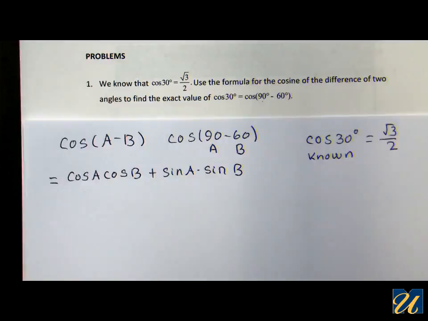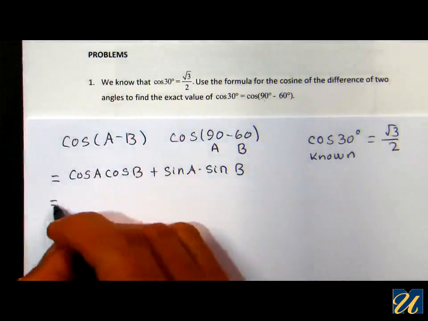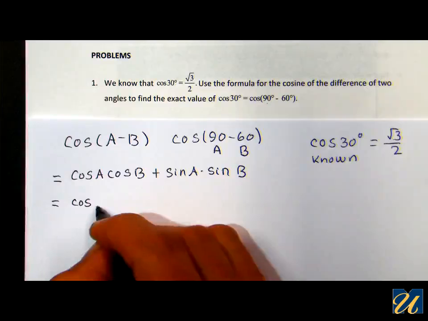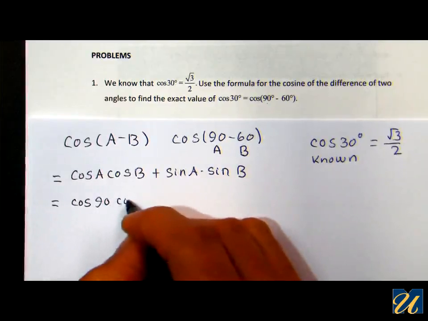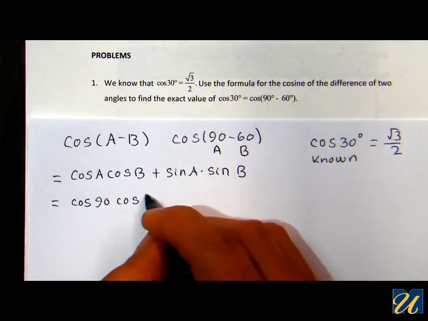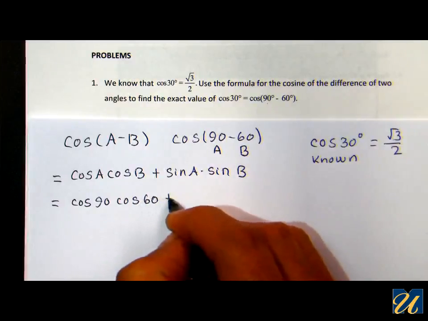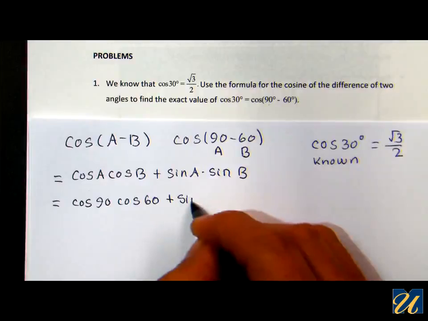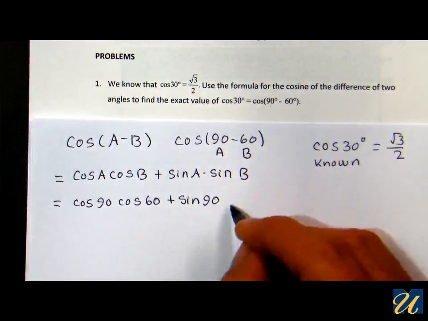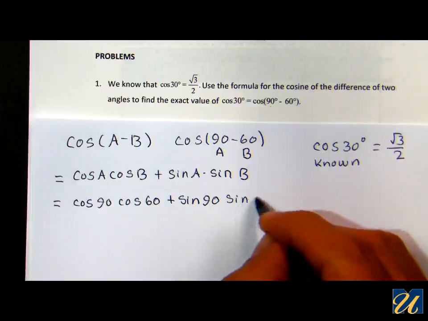So substituting these values in the identity, we obtain cosine 90 multiplied by cosine 60 plus the sine of 90 times the sine of 60.